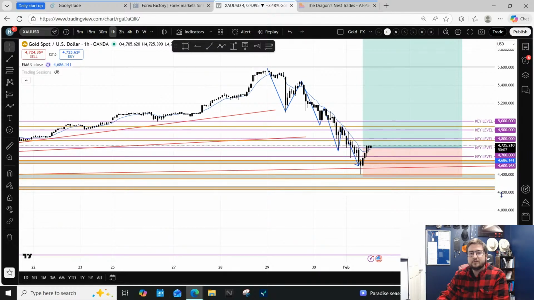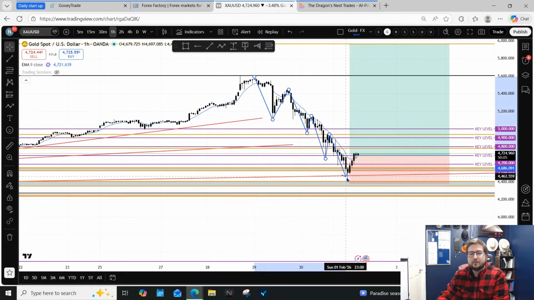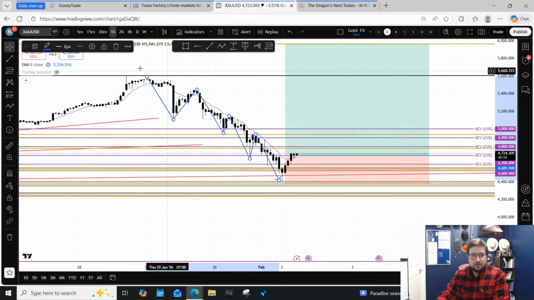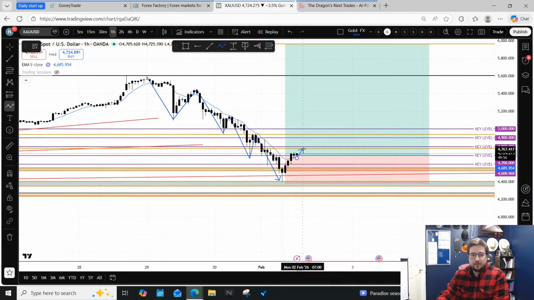It's technically still in a bearish trend until this high has been broken, even if it gives a higher low. So even if price comes up and then gives this higher low and then comes up a little bit further, gives a double top, it could still continue lower, right?